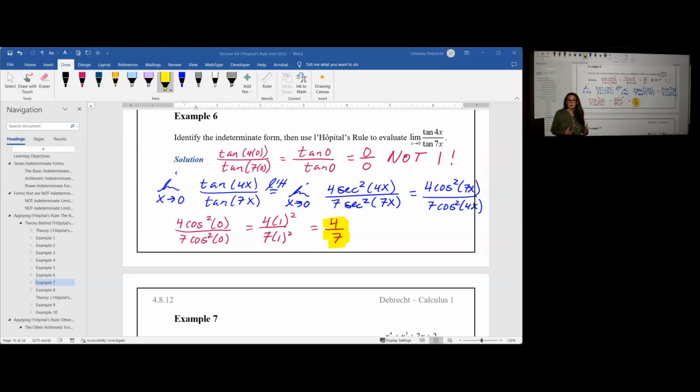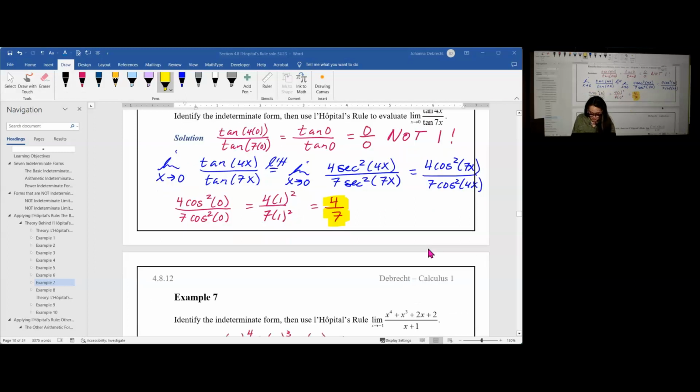Again, I've applied L'Hopital's rule, so I need to substitute the value that the limit is approaching, x is approaching 0, back into the function to see if I get a finite real number. And in fact, I get 4 sevenths. Much simpler than the method that we had to employ in chapter 2.